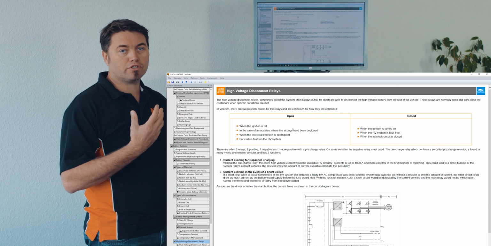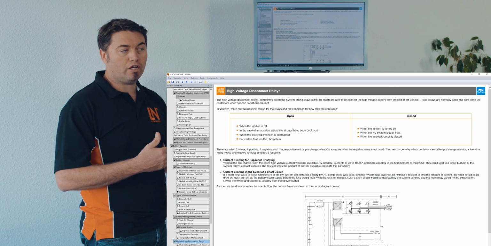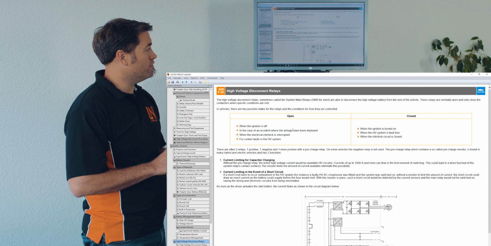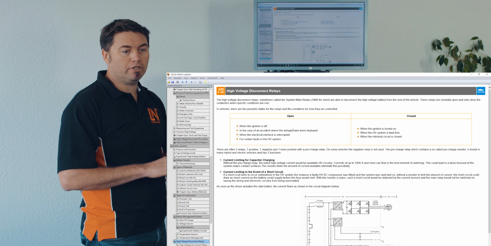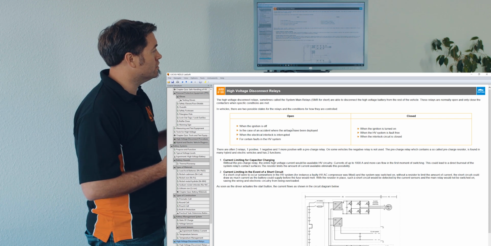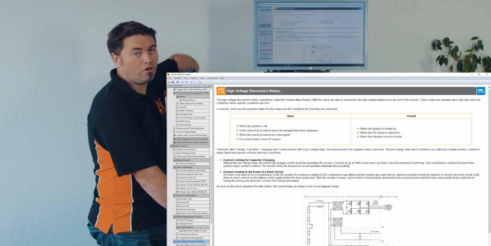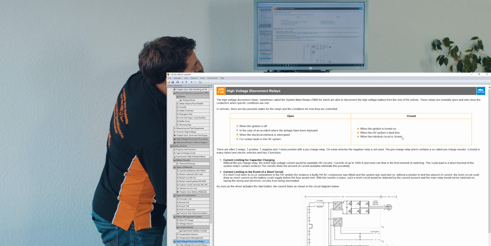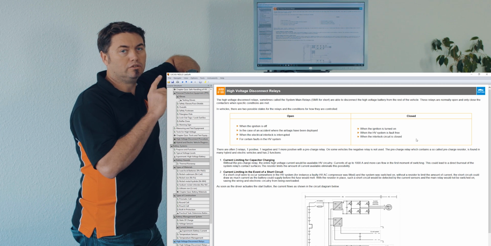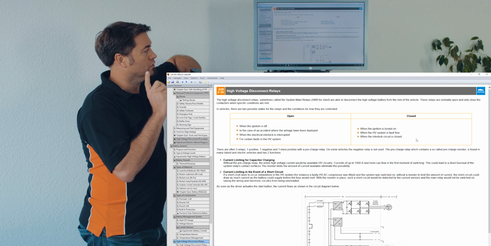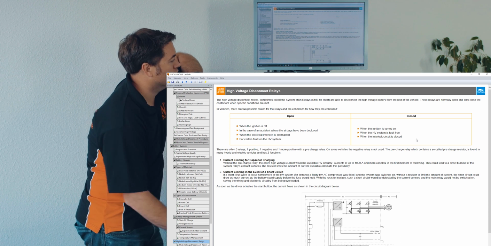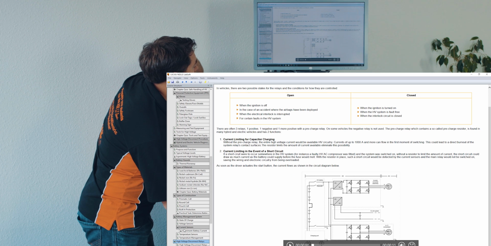You need to have a scan tool and actually remove those codes before the vehicle can be started again. If the interlock has been interrupted, that will also shut down the vehicle, so open the contactors, and also if there are certain faults within the high voltage system. So only when the interlock is complete, when the ignition is on and the high voltage system is fault free, will it close all of those relays.